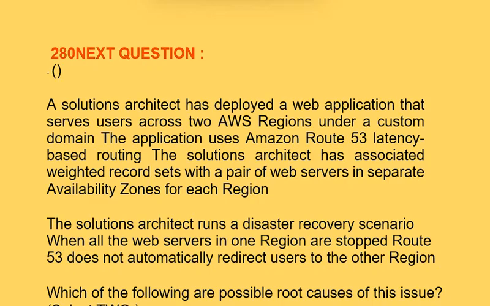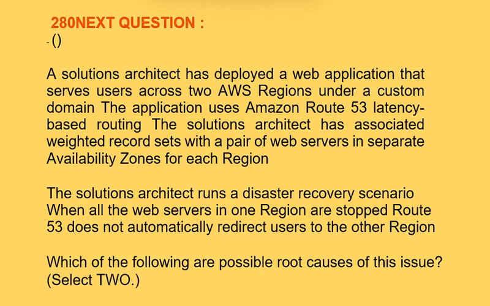The solutions architect runs a disaster recovery scenario where all the web servers in one Region are stopped. Route 53 does not automatically redirect users to the other Region. Which of the following are possible root causes of this issue? Select two options.